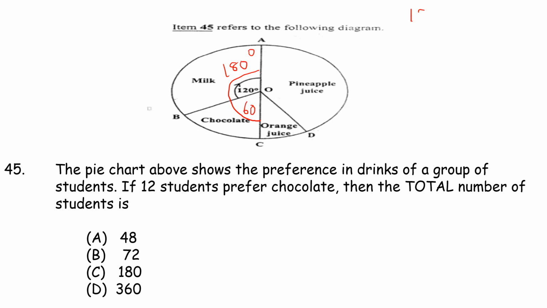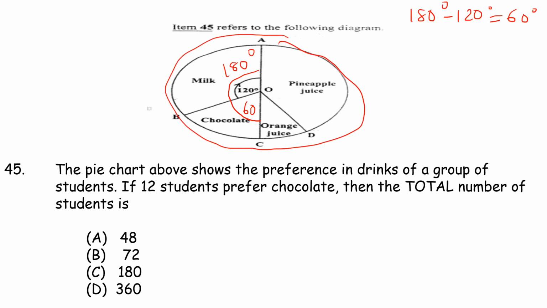We took away 120 from 180, and we get 60 degrees. So this is chocolate, and remember the entire circle is 360 degrees. So we're going to write 60 over 360, and we cancel down, and we get 1/6.